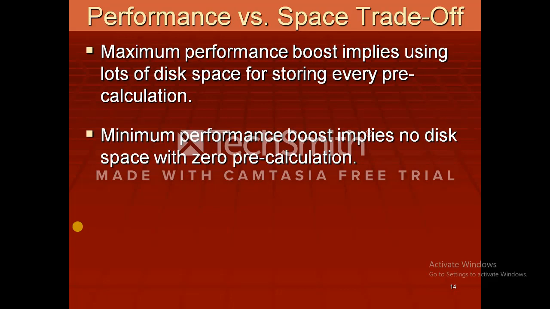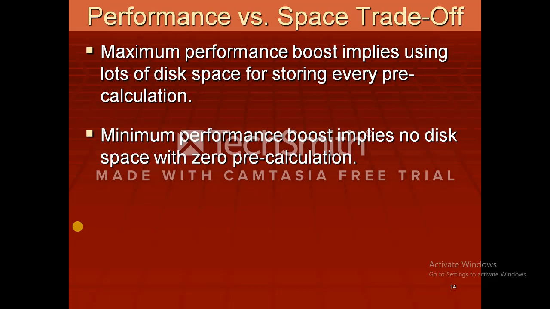So when you compromise on performance, it means that you will make all the calculations at runtime. You do not need to pre-calculate all the results and store them in a data warehouse or on a disk. But when you need those calculations, you will perform them at runtime, and your query performance will be very low.